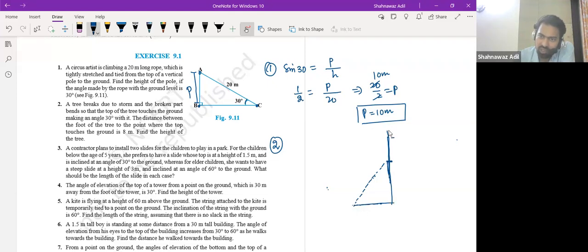So this was the tree. Remember, this was the tree, then it broke, and this is making an angle, and this angle is 30 degrees. So this is the head of the tree, and this is some point on the ground.